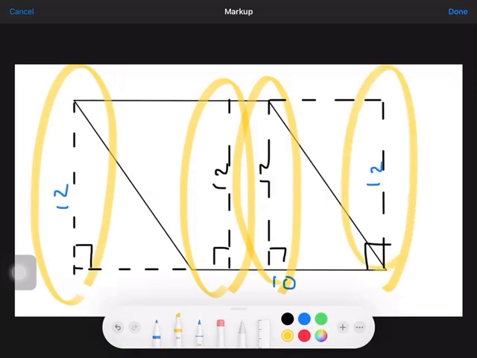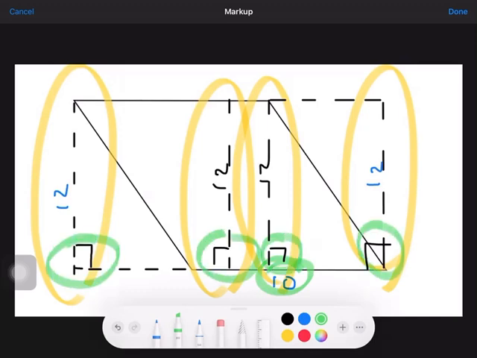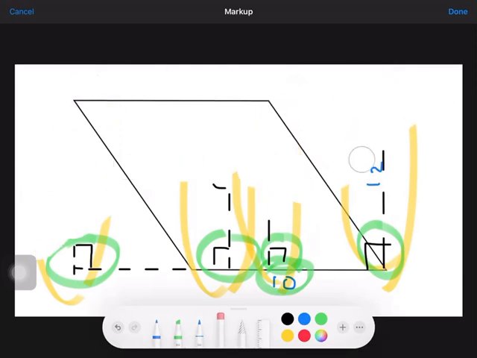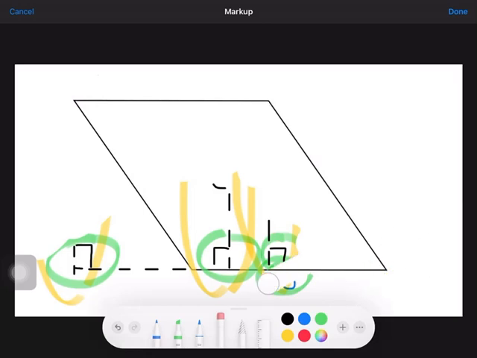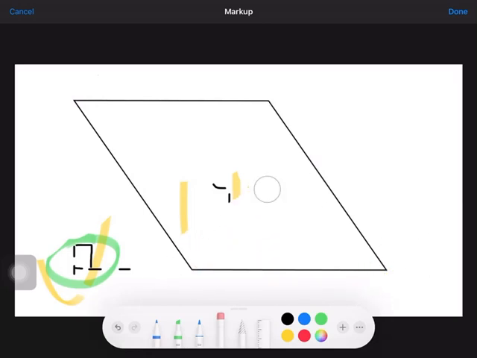They are all 12. If I am using 10 as my base, then as long as those lines are perpendicular to my base, I can use that as my height. I am never going to be able to use any of the other lines that we see if it is not perpendicular, if it does not form that 90-degree angle in my parallelogram.